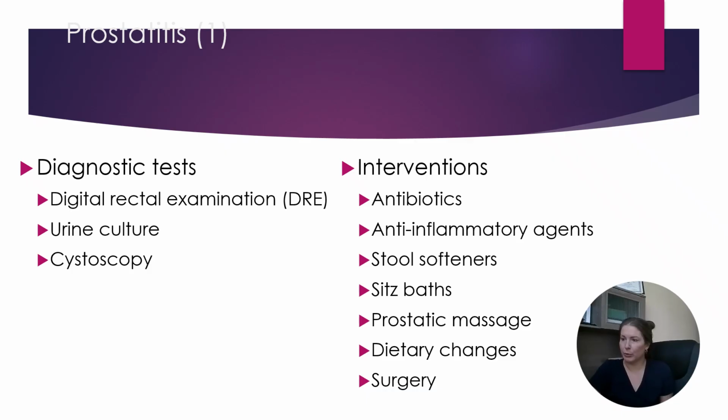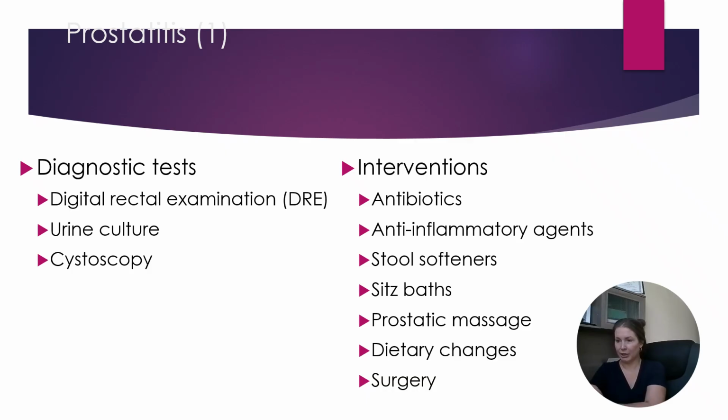Supportive care that we want to do is encourage our patient to use stool softeners to prevent straining, sitz baths to provide comfort and reduce the pelvic muscle tension, and then there's also prostate massage to help drain prostate secretions. So I wouldn't recommend using that if there's acute infection.